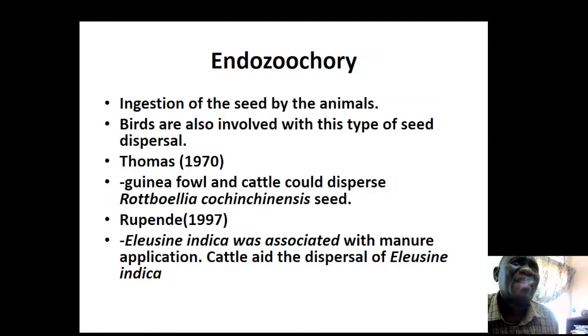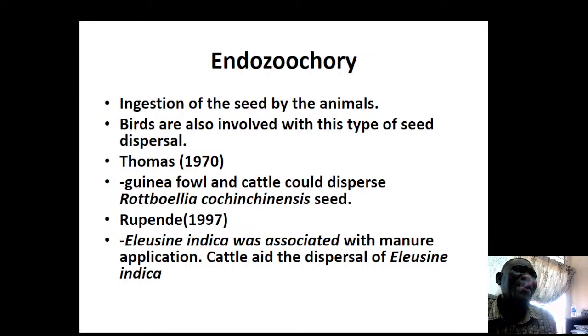Endozoochory, we are now talking about seeds which are eaten by animals. These could be birds which eat the seed.